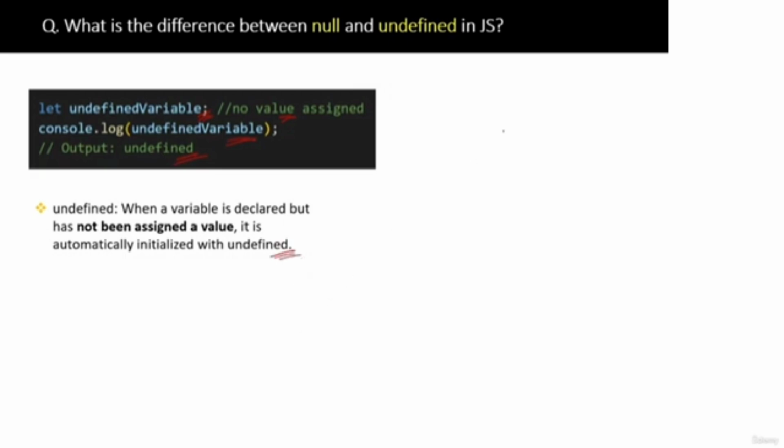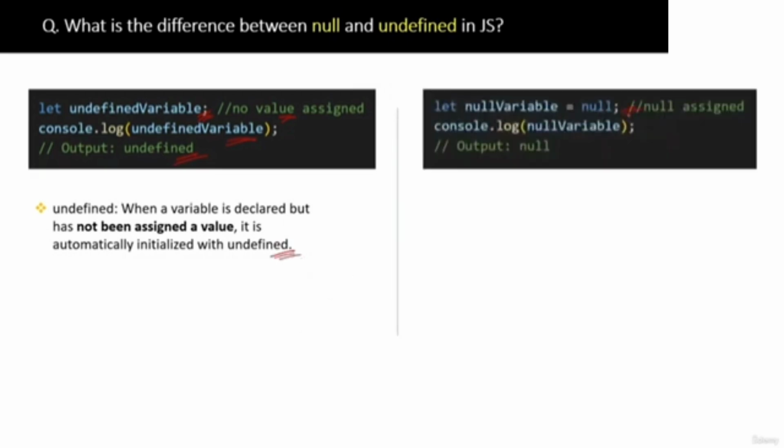On the other hand, here is the code for null. Here we are declaring the variable and assigning the null value to it. And then we are logging the null variable. And the output is, as expected, null. No surprises. The definition of null is: null variables are intentionally assigned a null value.